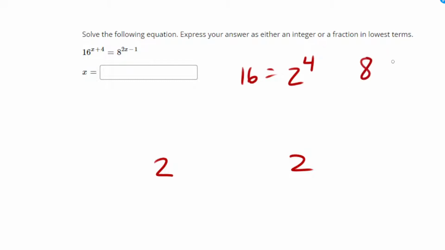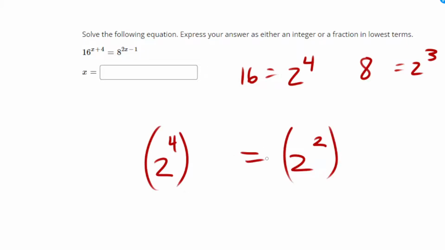And 8 is the same as 2 to the 3rd, right? So we can use 2 to the 4th and 2 to the 3rd for our bases, because this doesn't change the value. So we have 16 to the x plus 4 and 8 to the 2x minus 1.